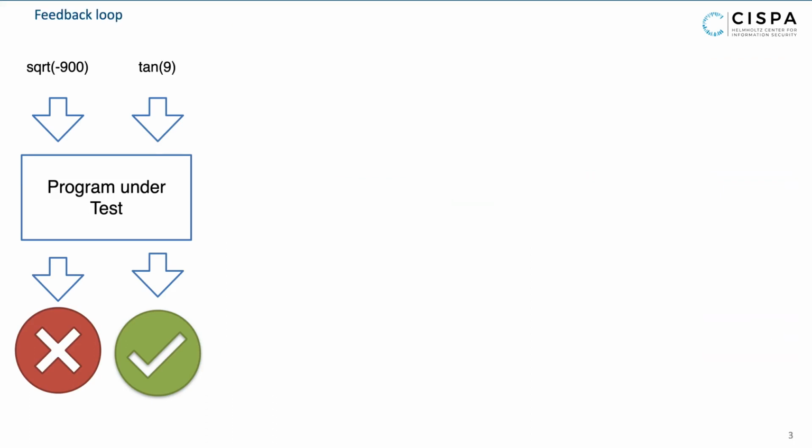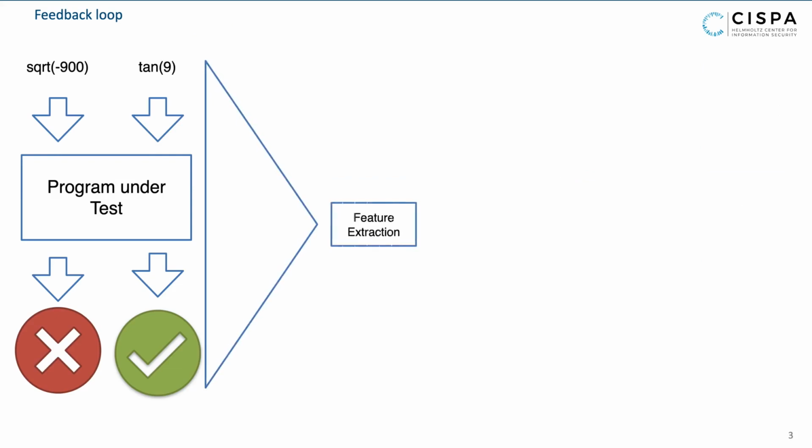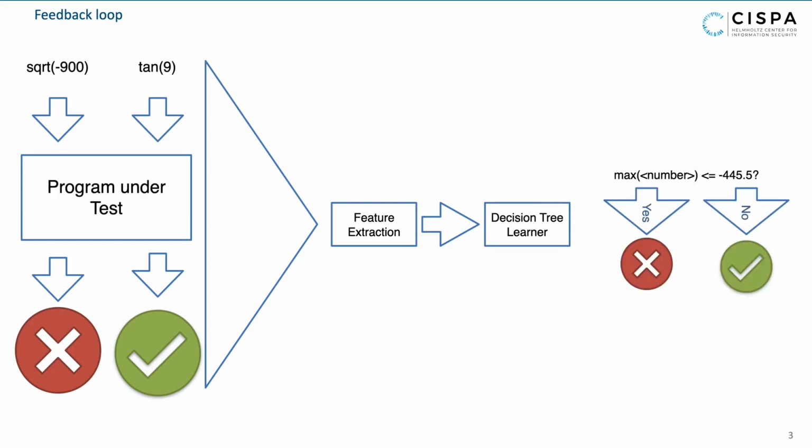Alhazen builds those models from features that we extract from each of our example inputs. We put those features into a decision tree learner, and the learner generates an initial hypothesis on why the program fails. In this case, the hypothesis indicates that the program fails if the maximum number is smaller or equals minus 445.5.